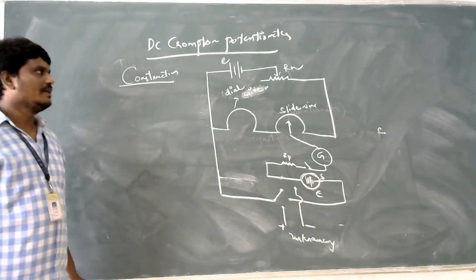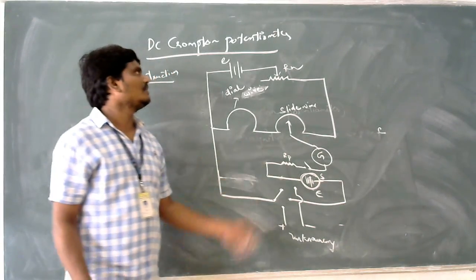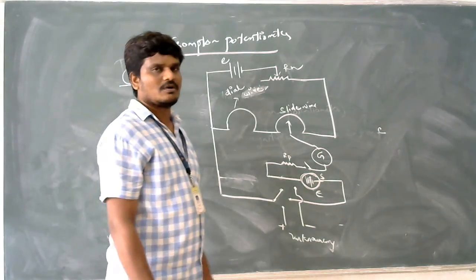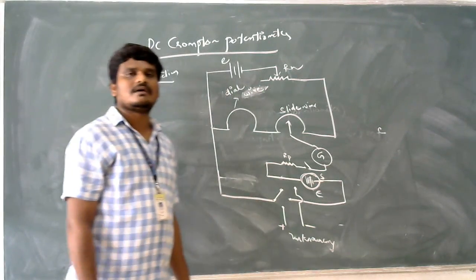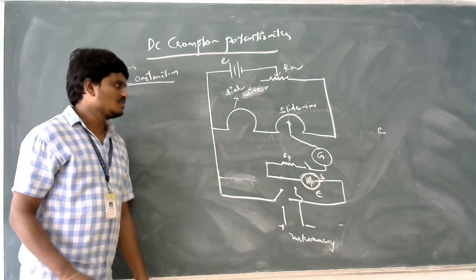So we need to follow certain steps before measuring the magnitude of unknown EMF using this DC CROMPTON potentiometer.